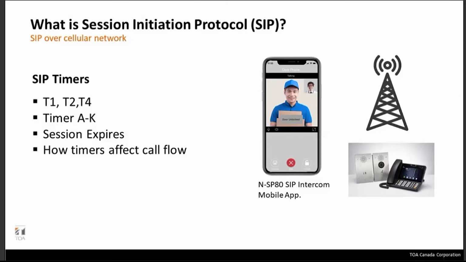SIP timers are most of the time T1, T2, T4, and they are built inside the SIP protocol. If I'm looking at T1, it understands what kind of media I'm on, and gives itself a time. Okay, I'm on a T1 timer. The T1 timer is my round trip.